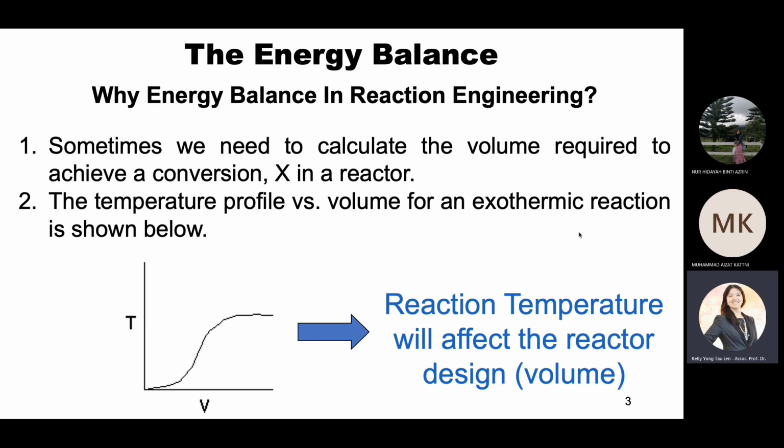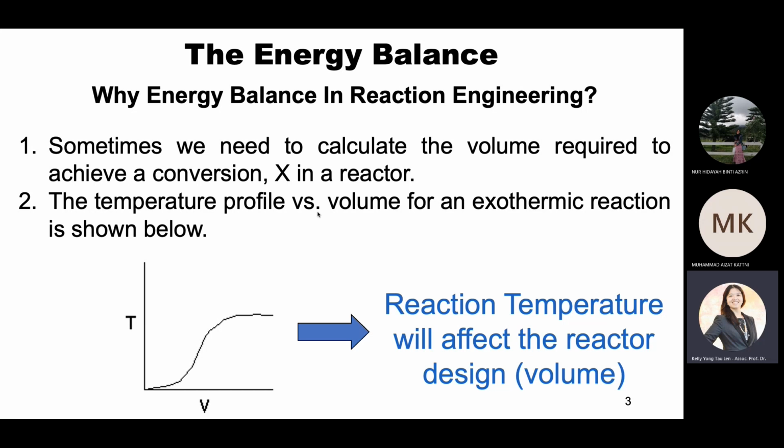So why this is because reaction temperature or the change of temperature during the reaction will affect our reactor design, which is the volume, because dia akan mempengaruhi conversion juga. Okay, so when conversion is affected by temperature, therefore the volume of the reactor pun akan berubah.